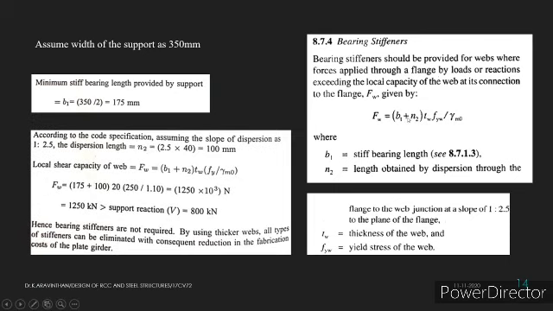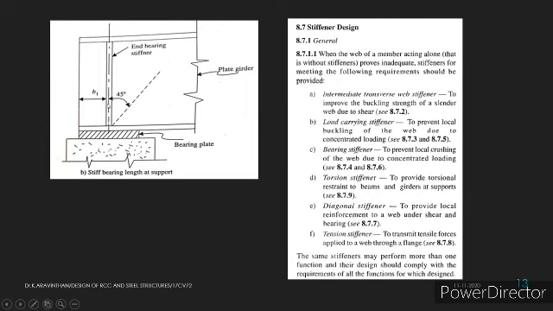What do we mean by n2? n2 is the length obtained by the dispersion through the flange of the web junction at the slope of 1:2.5 to the plane of the flange. See, the load will be transferred from this web to this flange. The load will be dispersed in a particular triangle.